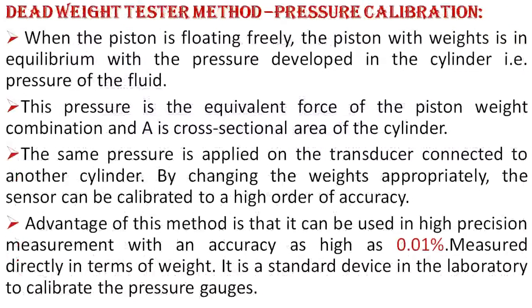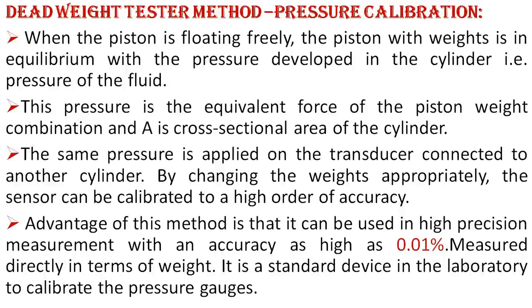When the piston is floating freely, the piston with weights is in equilibrium with the pressure developed in the cylinder, that is the pressure of the fluid. This pressure is the force of the piston weight combination divided by the cross-sectional area of the cylinder. So P is equal to F upon A.